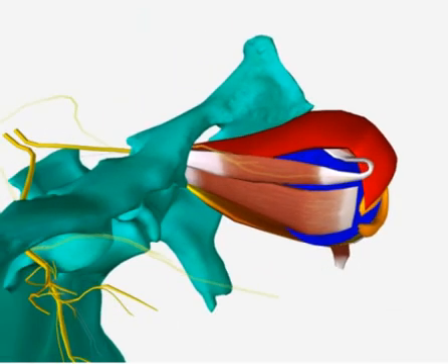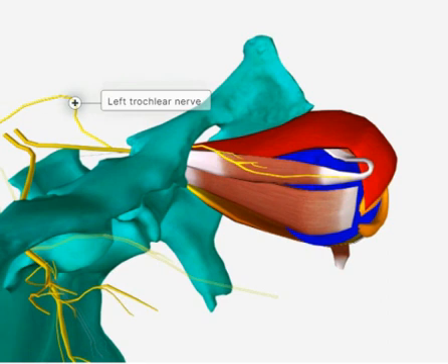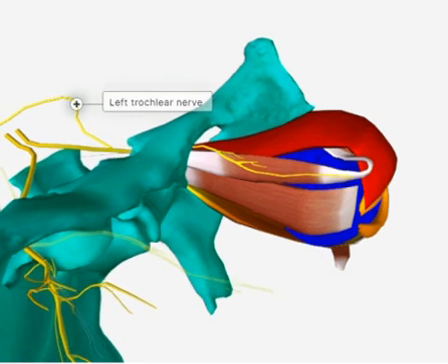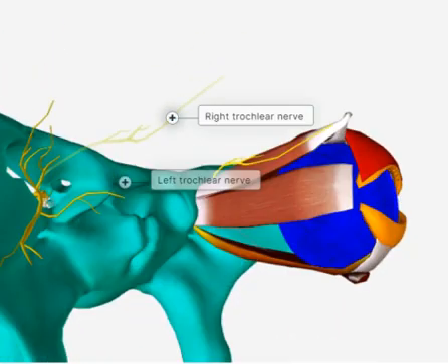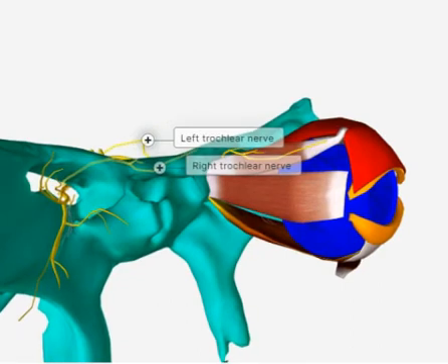This is the superior oblique muscle. Now as you can see on the right side, the trochlear nerve is also emerging from the medial aspect of the superior orbital fissure and then supplying the superior oblique muscle over here.